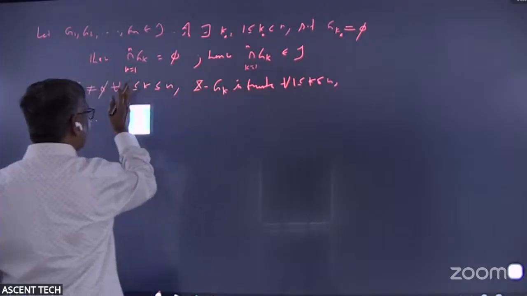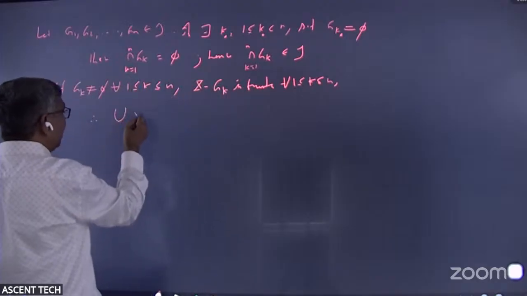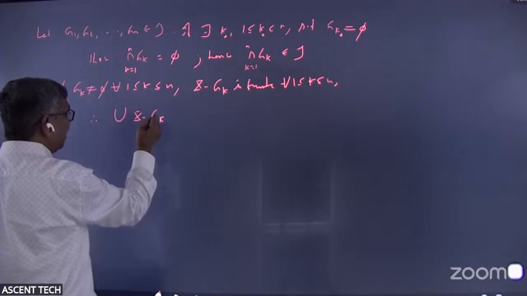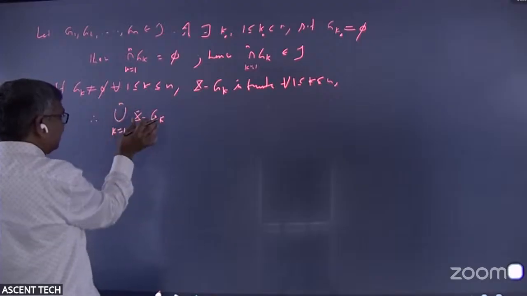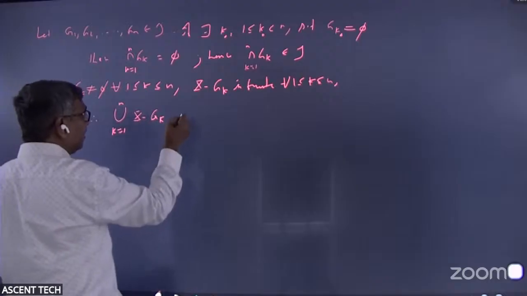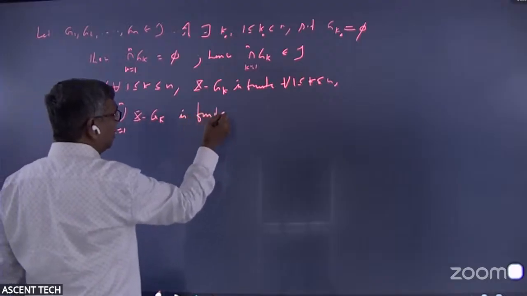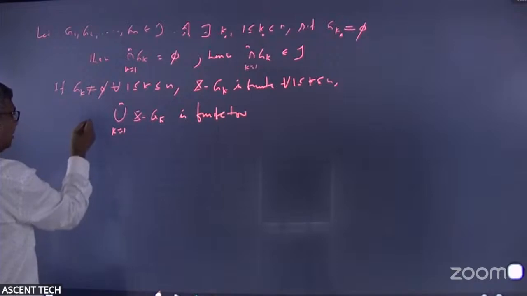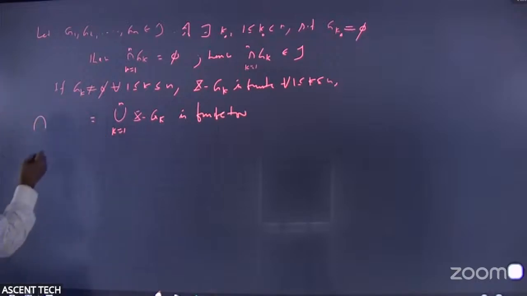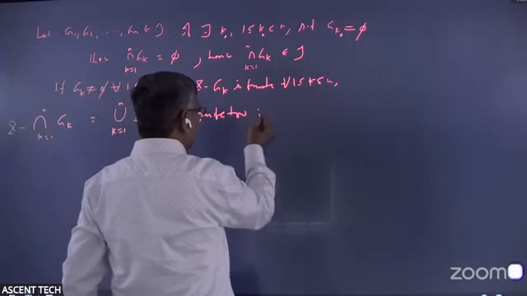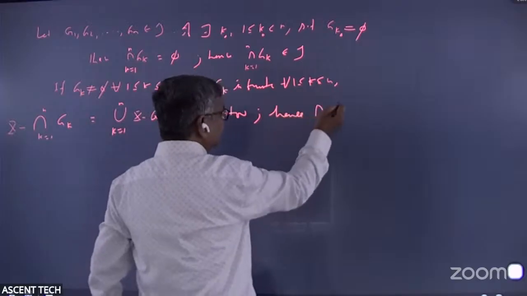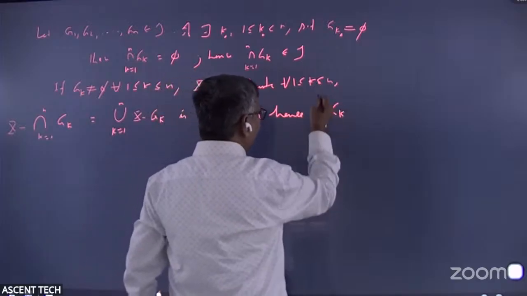Therefore, the union of X minus GK, K equal to 1 to N, is finite. But you notice that this is the same as X minus the intersection of GK, K equal to 1 to N. So that is finite. That means this intersection is in T. Hence, the intersection of GK, K equal to 1 to N, is in T.